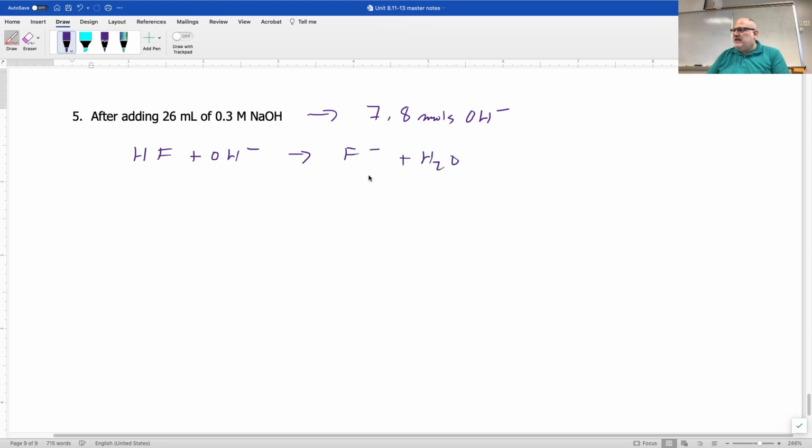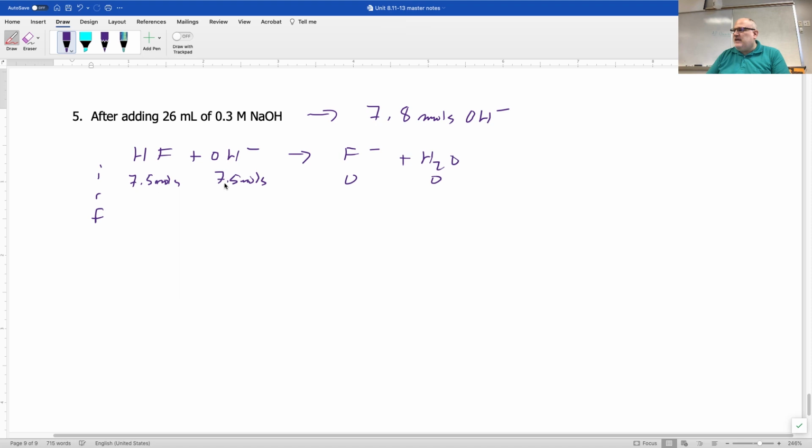Incidentally, in case you're wondering, we always start from scratch. Whenever we add in this 7.8 millimoles, we're adding it into the original 7.5 millimoles that we start off with. So we have 7.5 millimoles of this, 7.8 millimoles of this, 0 and 0 of this.